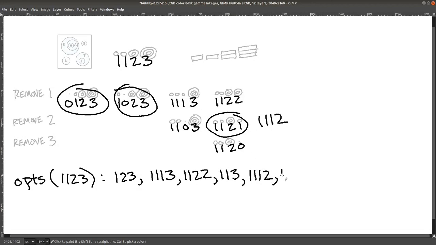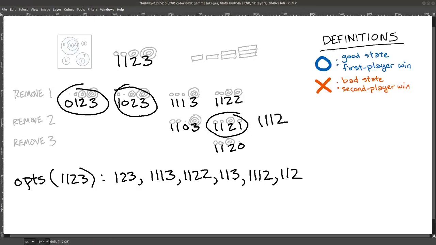And 1, 1, 2. All right, so in the actual graph, this is how I will represent states. And so from this state, I'll have 6 arrows pointing to each of these 6 states. All right, let's add that to the definitions here.